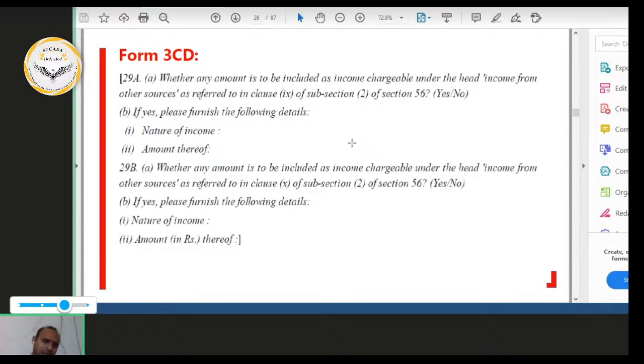Later on, that person did not turn up. Then your client says that this 5 lakhs advance will be forfeited. So where the negotiations took place but there is no transfer, on account of which the amount is forfeited, that became your income, taxable under 56(2)(9). That amount you report under serial number 29A.